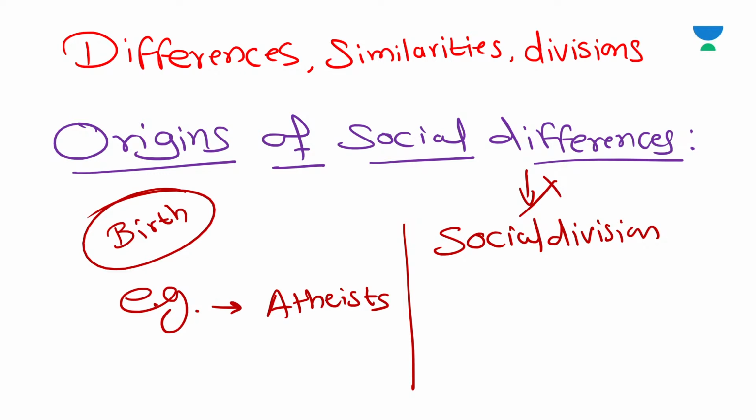Now it is fairly common for people belonging to the same religion to feel that they do not belong to the same community because their caste or sect is very different. It is also possible for people from different religions to have the same caste and feel close to each other.